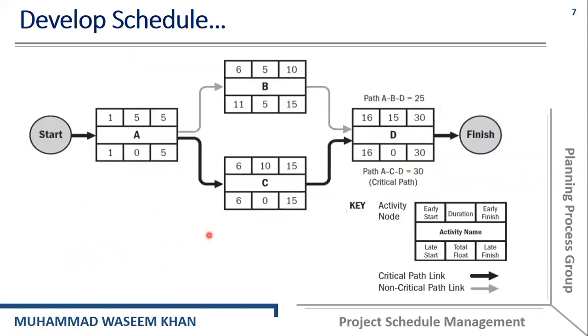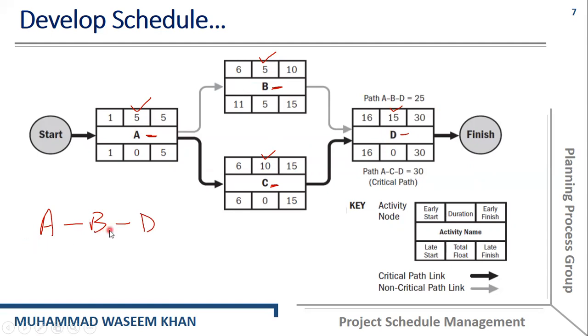Now let's talk about the example. Please focus on this and give complete attention to this particular example so that you can understand it easily. We have different activities here: A, B, C, and D. The duration of activity A is 5, activity B is 5, activity C is 10, and activity D is 15.